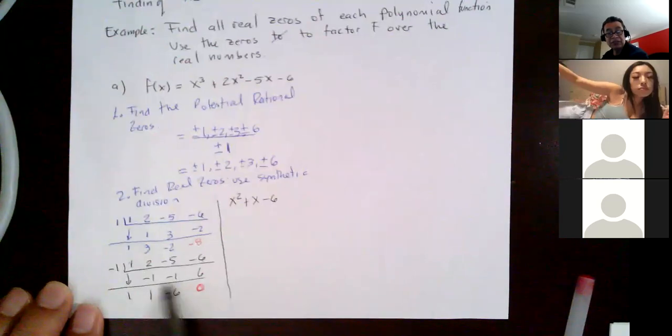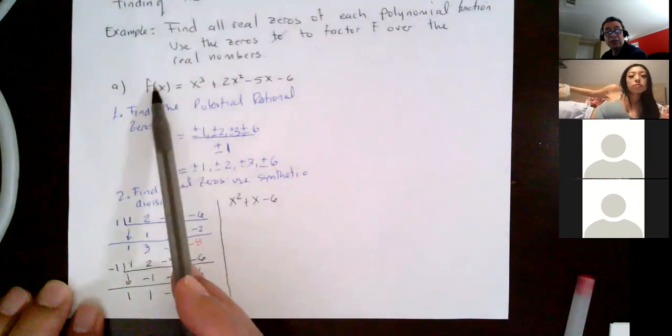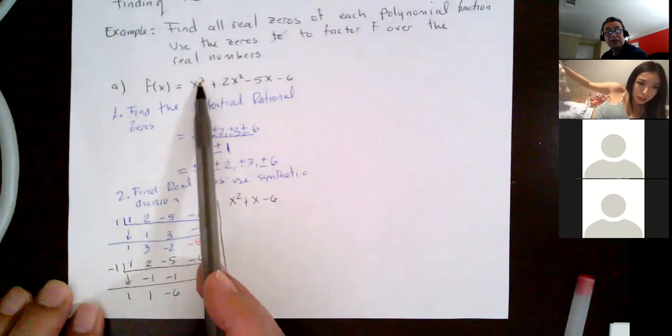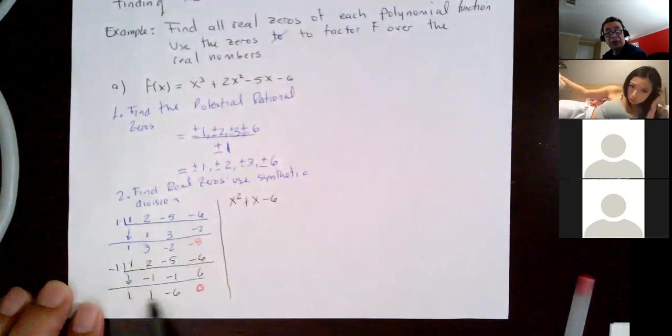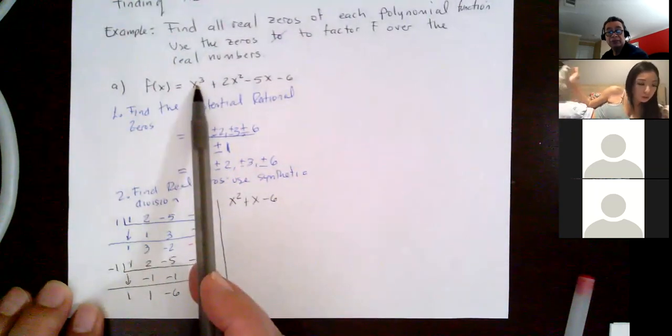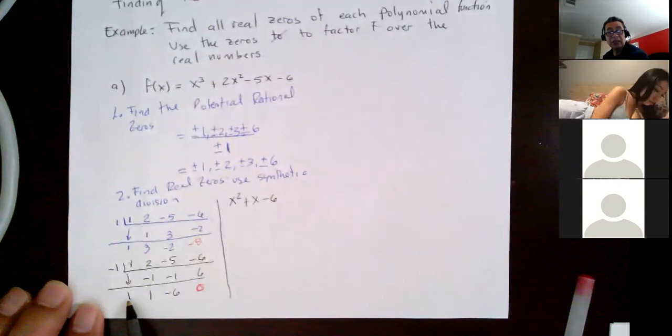To do that, I check back the original polynomial that was given to me. Notice that this is x cubed. So when I write the polynomial out of these numbers, I start with one degree less than the original polynomial. If this was 3, then it has to be 2 here. That would be x squared plus x minus 6. That's what I brought here.